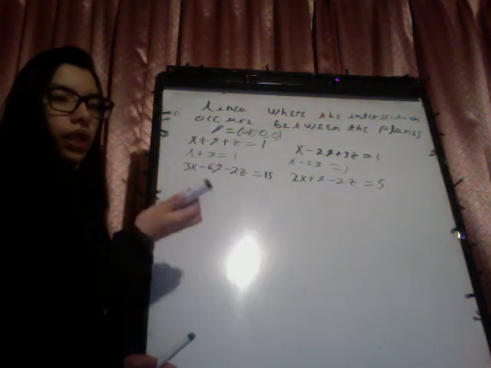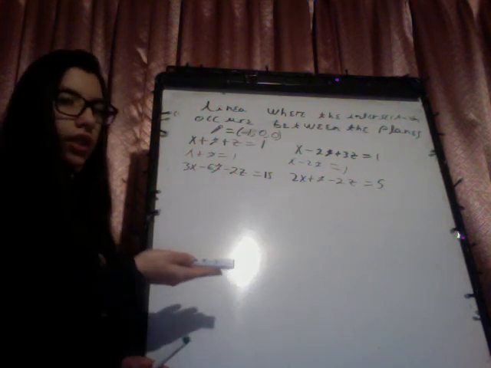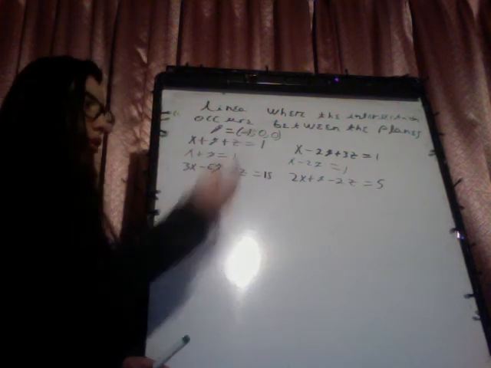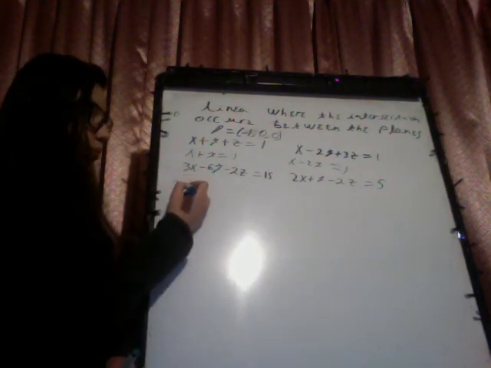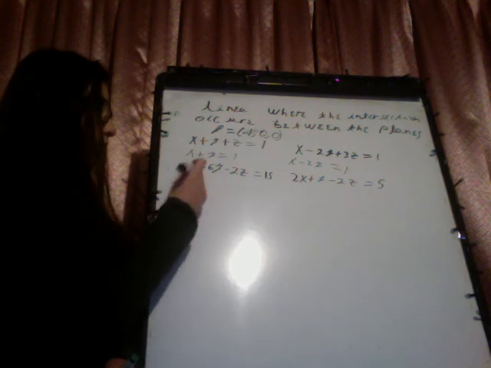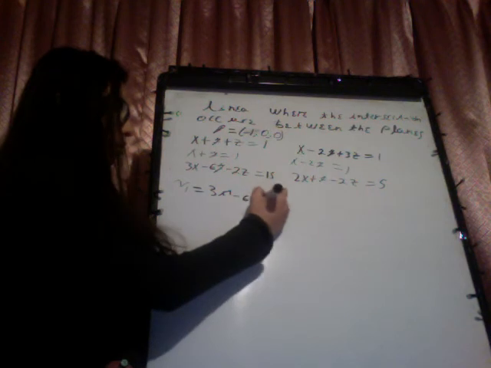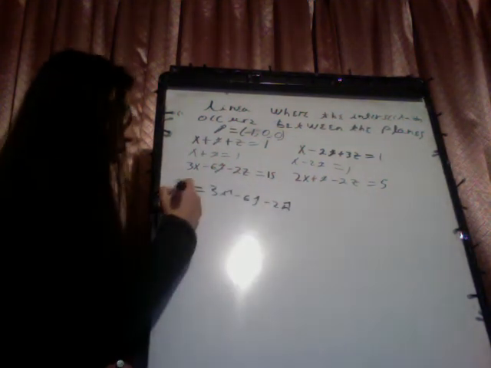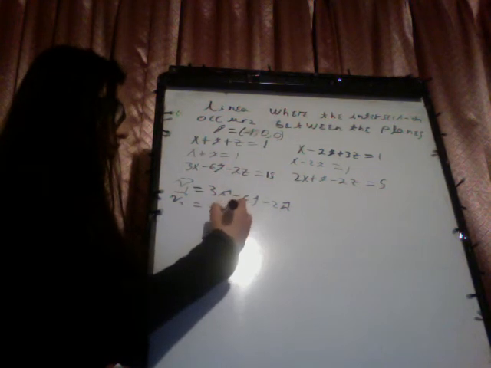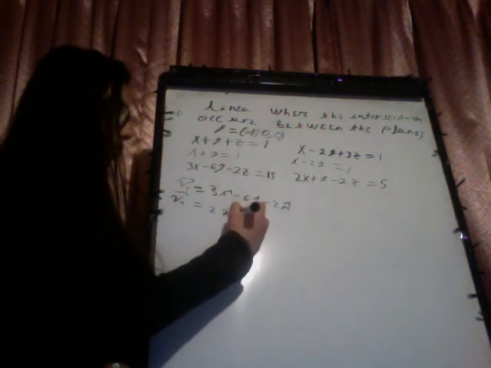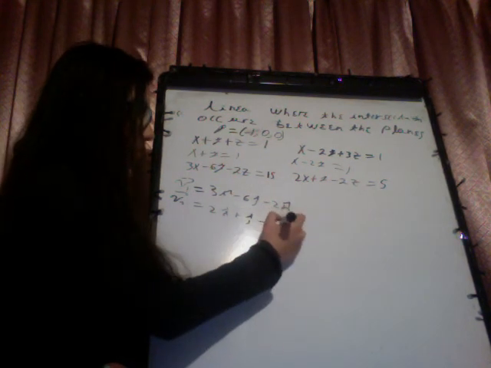So we are looking at a vector that is parallel to that line, that is orthogonal to the normal vectors of each one. So let's do the cross product. First, B1 is 3i minus 6j minus 2k, and B2 is 2i plus j minus 2k.